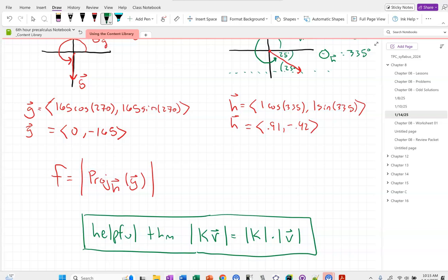A helpful little theorem here is that the magnitude of a scalar times a vector equals the absolute value of the scalar times the magnitude of the vector.